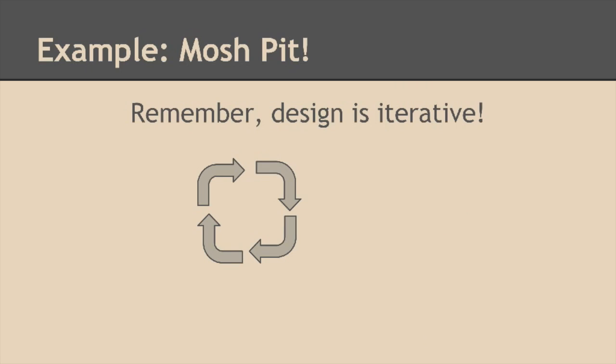Now, it's important to remember that design is an iterative process. So it's going to go around in a circle for a while until we're ultimately satisfied that we've found a design that works. Those UML class diagrams with all the fields and the methods didn't spring up in their entirety right away. Rather, it was an iterative process where we would go back and forth and think about things and ultimately refine until we come to a design that we like.